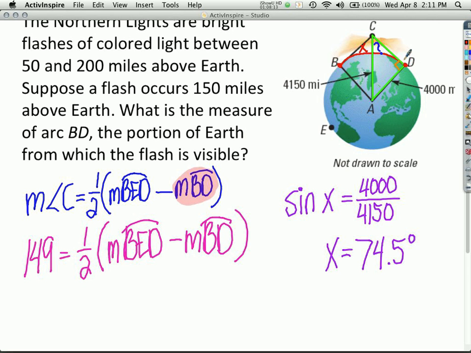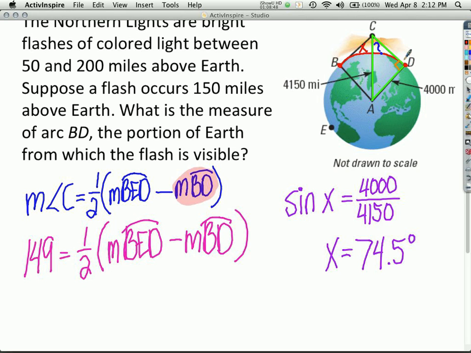How many arcs total are there that we're dealing with? Hold up the number of fingers of the total number of arcs that we're dealing with. Okay. I see a lot of people holding up 3. What are the 3 arcs? Caleb?